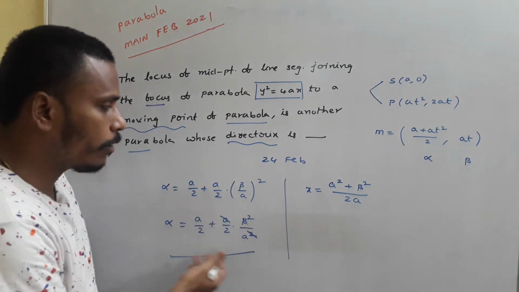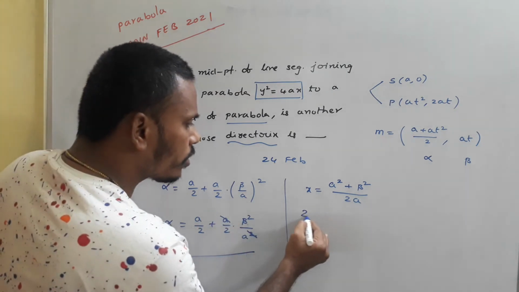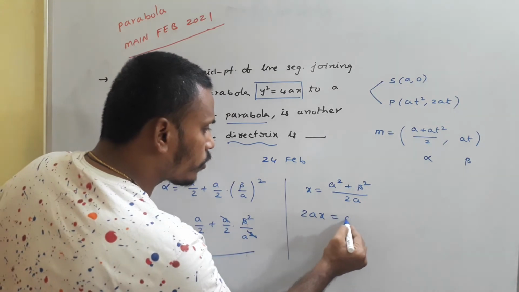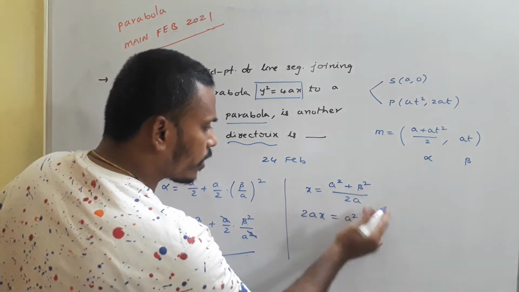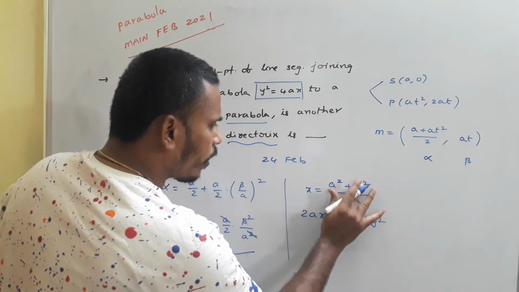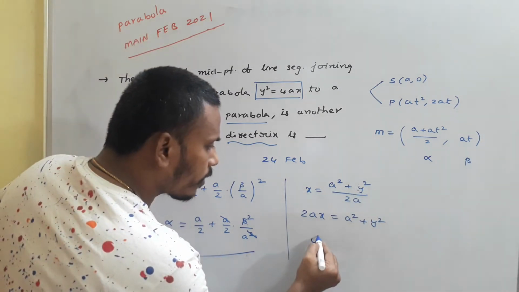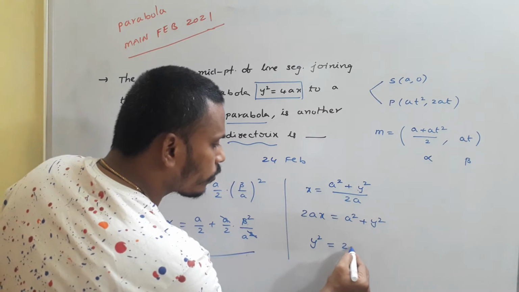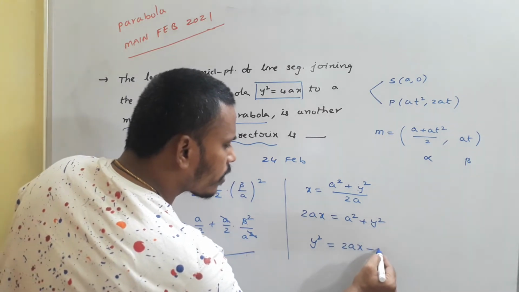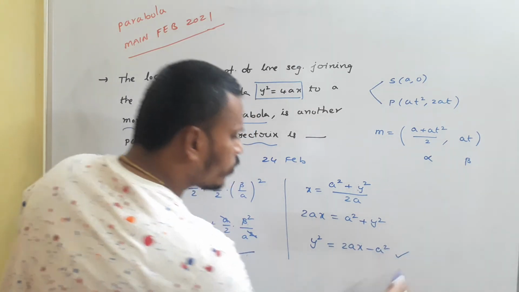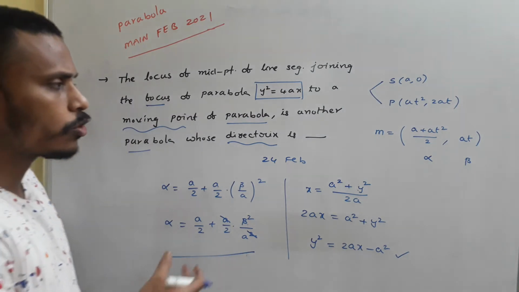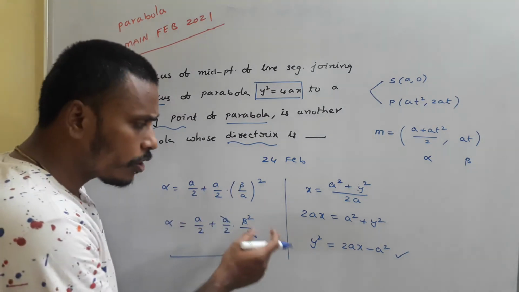So 2ax equals a square plus, since we are generalizing, y square. So y square equals 2ax minus a square is the locus of the point (alpha, beta). So this is another parabola.